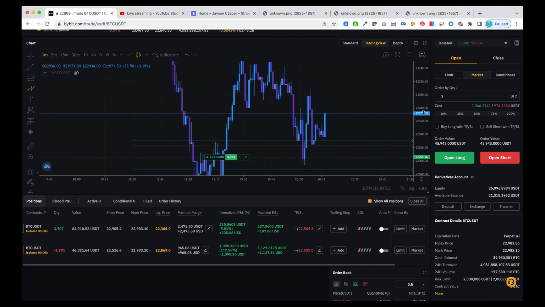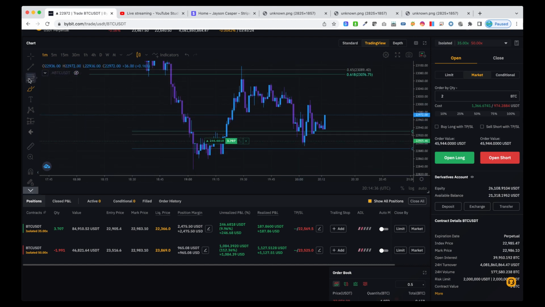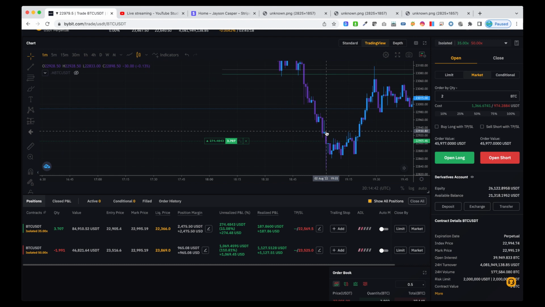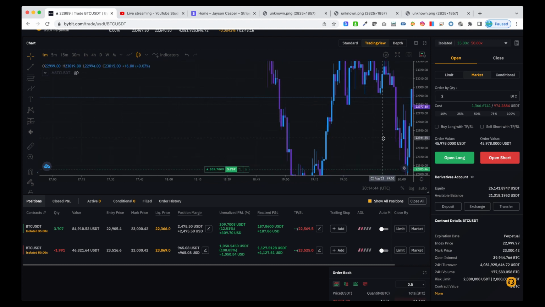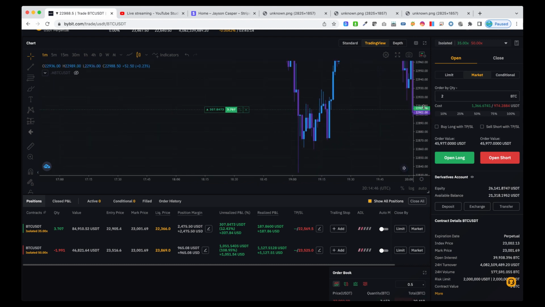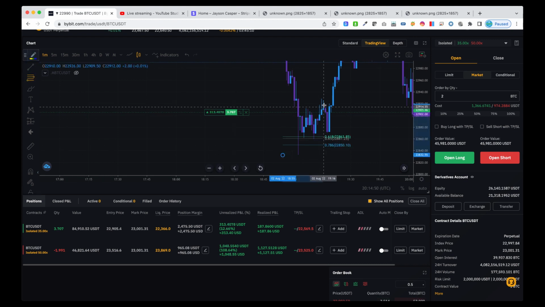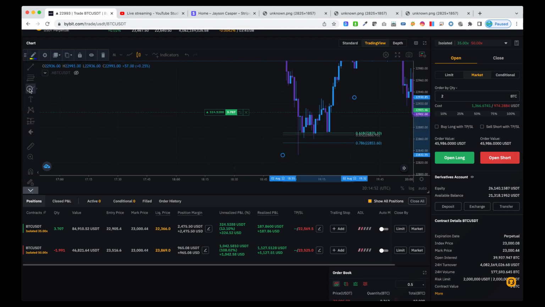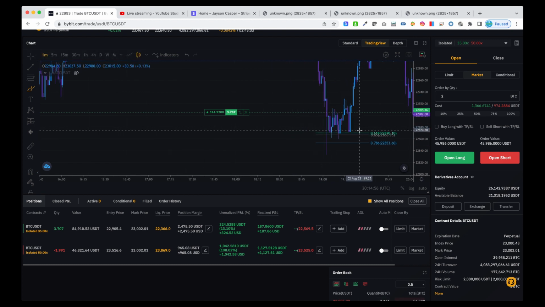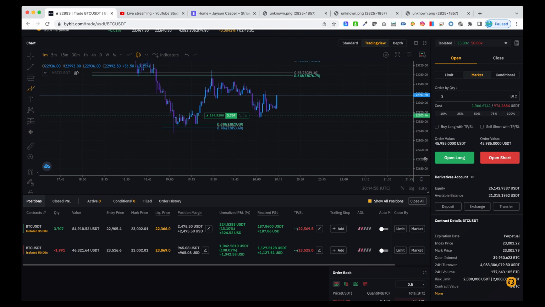And here's something else we can do as well, guys. These Fibonacci golden pockets, they work absolutely everywhere. So we had one from our initial low. Just to recap, guys, we had a Fibonacci retracement that we could long from the initial low to that first high. We were able to long on the USDT pair literally right from the golden pocket, right? Beautiful. On the USD pair, it was a little bit different.